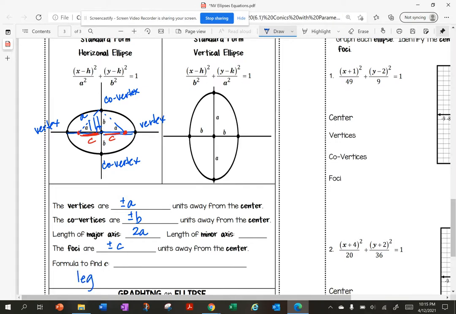So c equals the square root of the hypotenuse squared, a squared, minus the other leg, b squared. So c is a leg, and I need to know that a is the longest side. Even though I am using the Pythagorean theorem, c is not the longest side, and I need to pay attention.